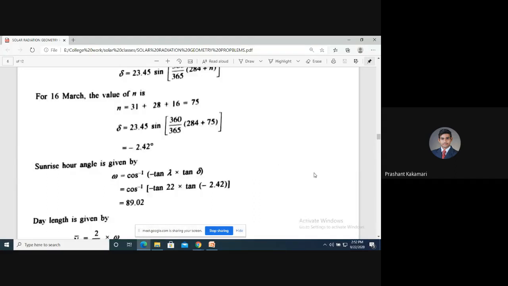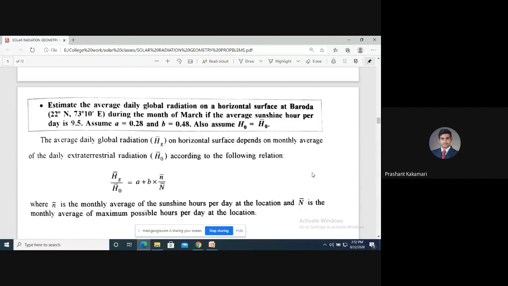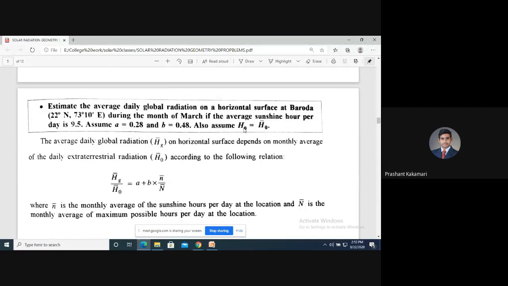Now we can go for the next step. What is that? H naught. Once you find out this H naught value, then we can assume that this March 16th monthly average daily extraterrestrial radiation H naught is equivalent to the same month average daily extraterrestrial radiation.